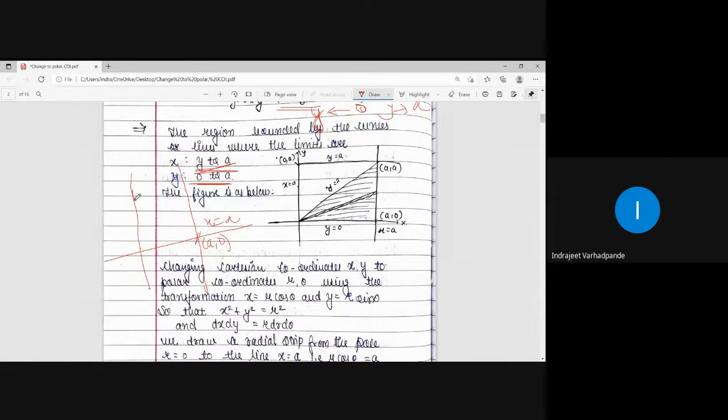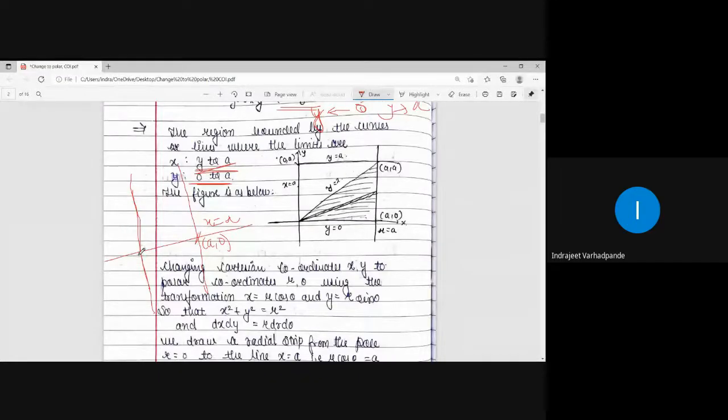X is equal to y means y is equal to x. Y is equal to x is a line which passes through the origin. So this is y is equal to x, a straight line through the origin. Then y is equal to 0 means the x-axis.